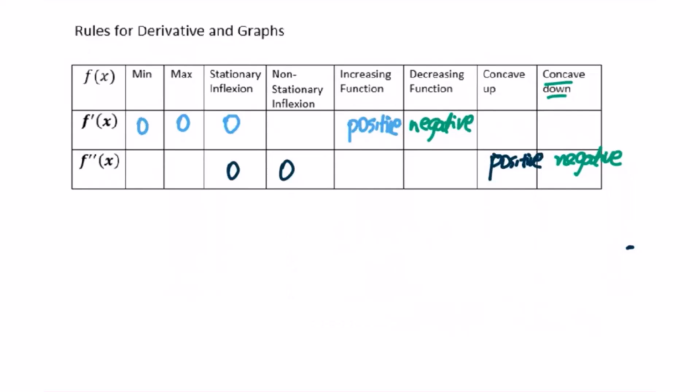Also, if it's a minimum point, it's concave up, so definitely positive. When it's a maximum, it's concave down, so it will be negative.